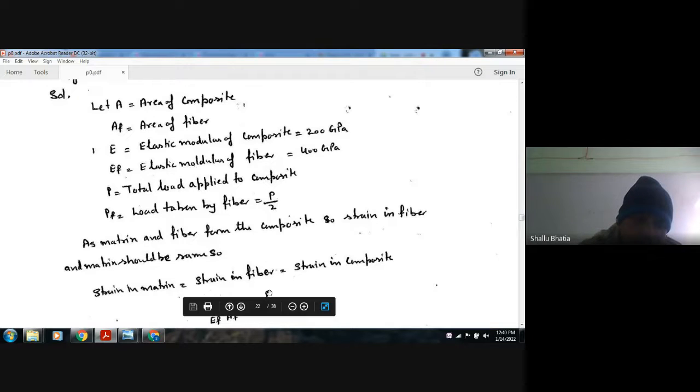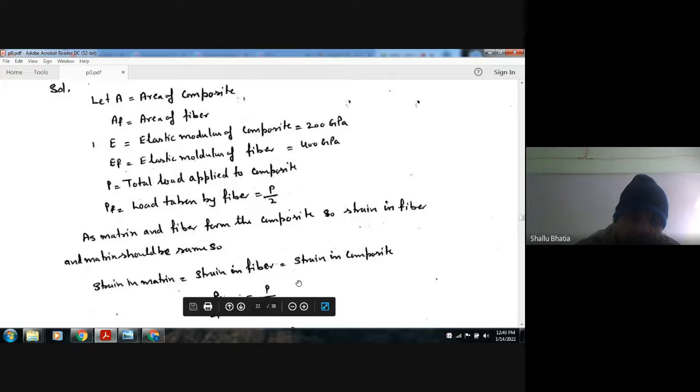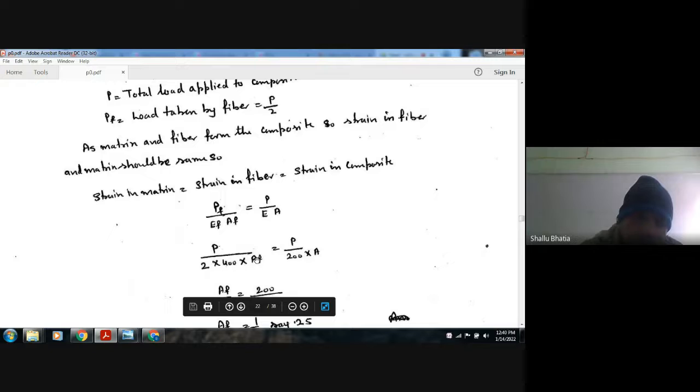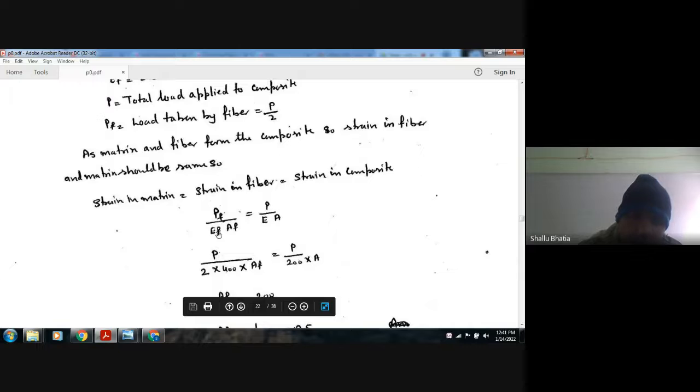So PF is the load taken by the fiber. The strain in fiber is PF by AF by EF, and the strain in composite is P by A by E. So E for the composite is 200, and for the fiber is 400.